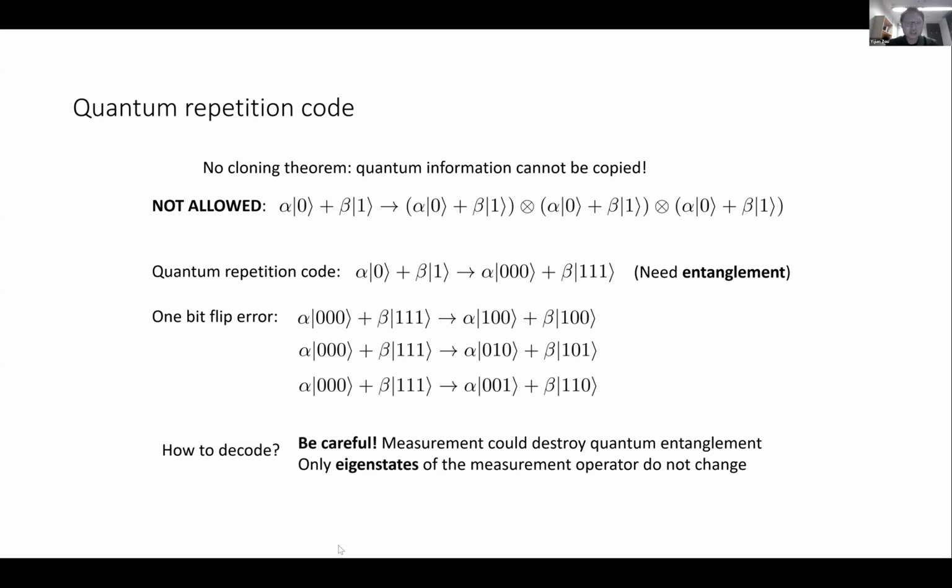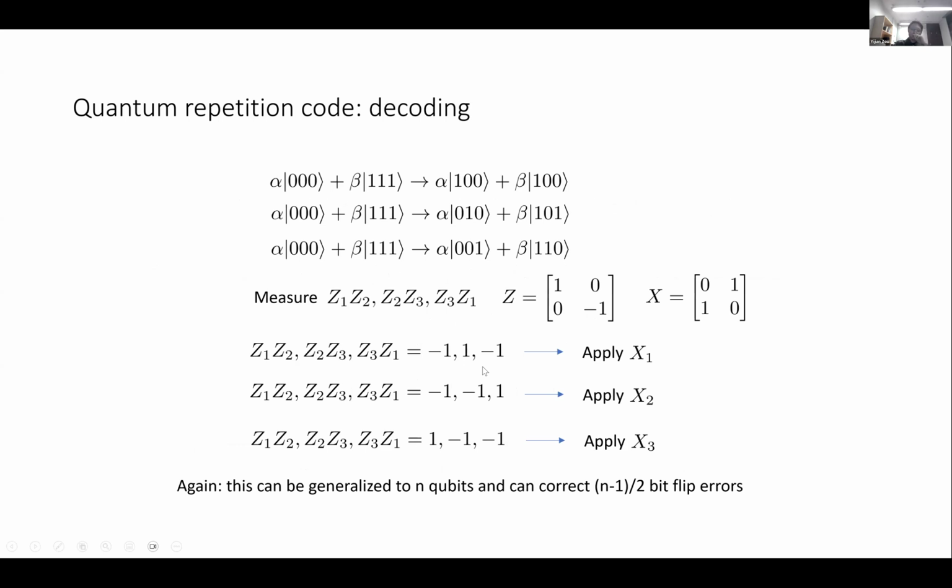So that helps us devise the decoder. The decoder goes this way. You measure Z1 times Z2, Z2 times Z3, and Z3 times Z1. You don't measure Z1, Z2, Z3 independently, but you measure the product of two of them. In fact, as you can check on the right-hand side, every state is indeed an eigenstate of these three operators, so measuring these three operators won't change the state.